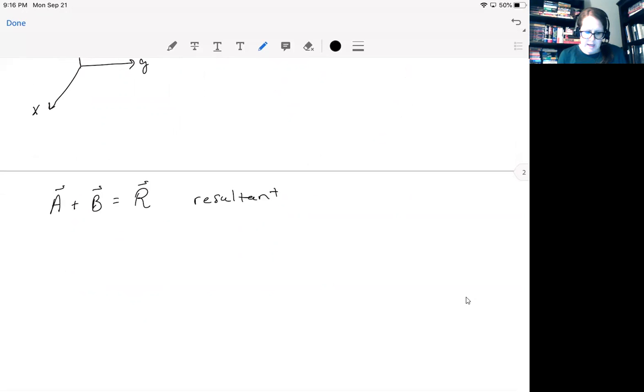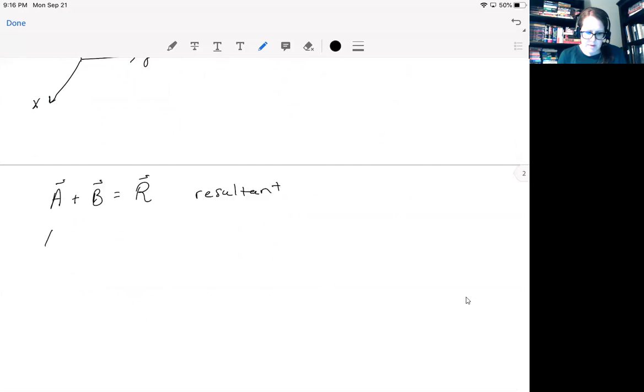So let's say A is going to be 5 i hat plus 6 j hat. Sometimes we'll have units in here, so just have to keep track of things. B vector is going to be 6 in the i hat and a -2 in the j hat direction.